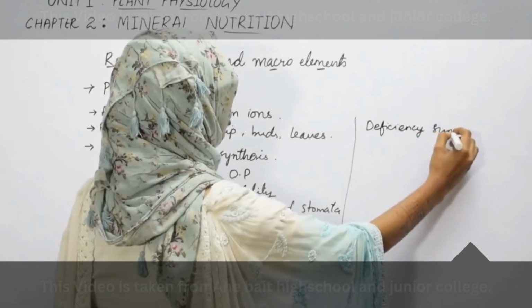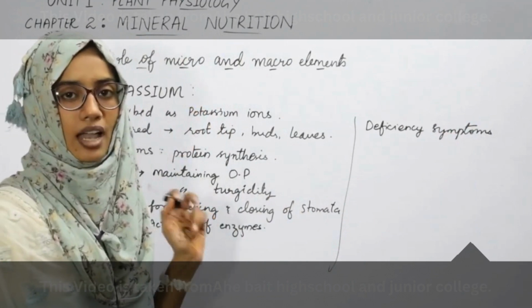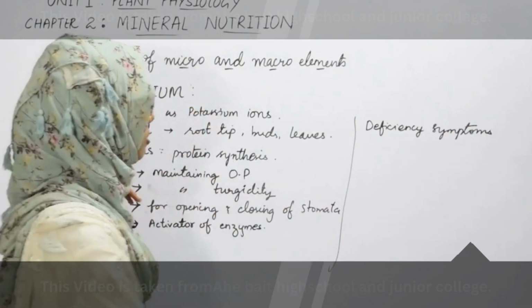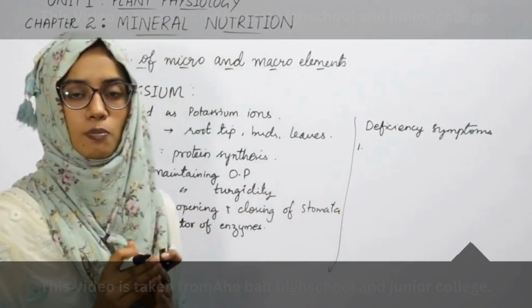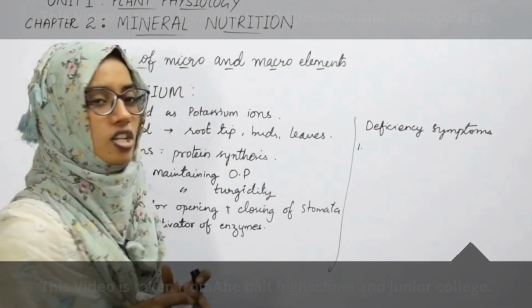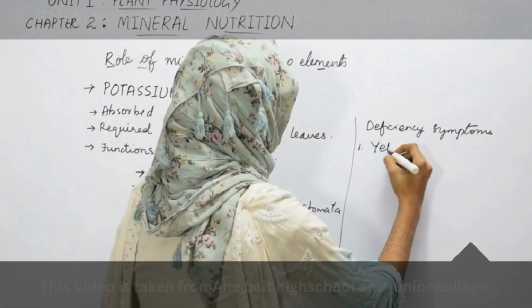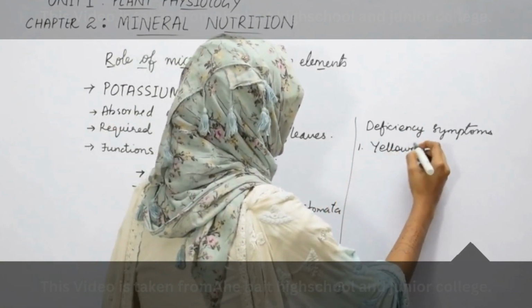Let us study about the deficiency symptoms which can be seen due to the absence of potassium. When potassium is present in a small amount, or if potassium is absent in the plant cells, then the yellowing of leaf margins can be seen.